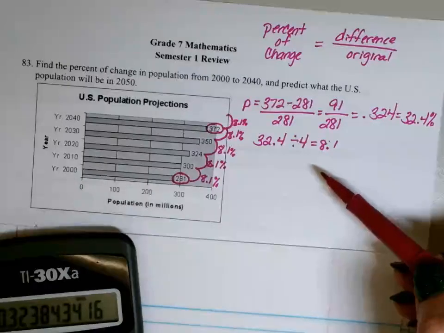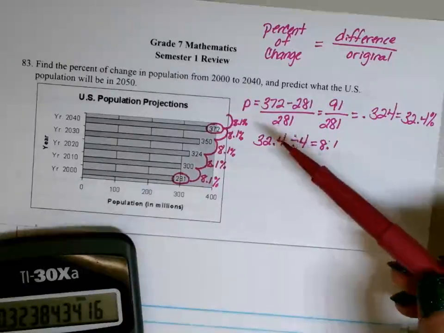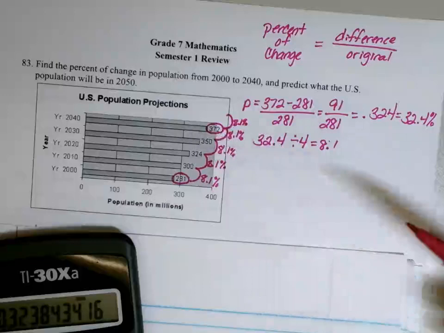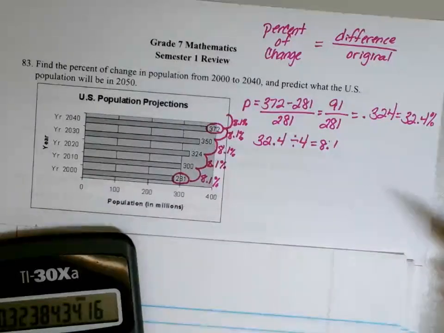So, how do I find 8.1% of 372? We have notes and we did worksheets on how to find percent of a number. How do I find percent of a number?